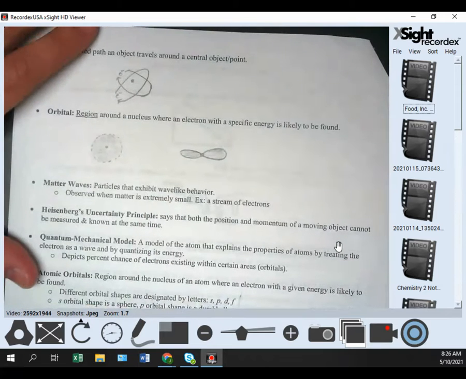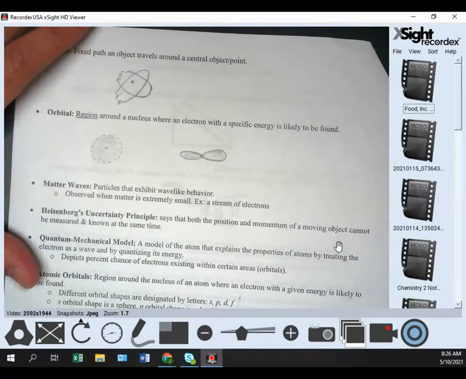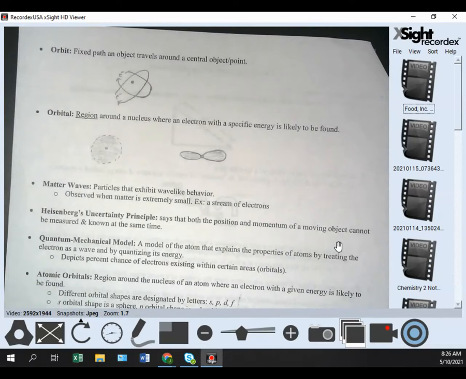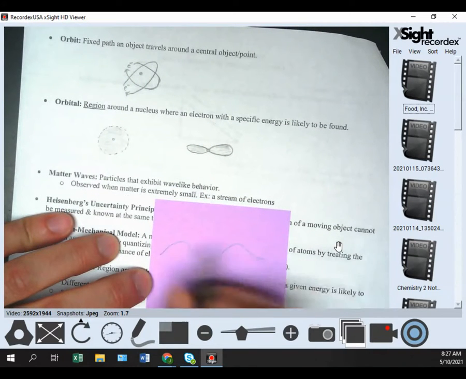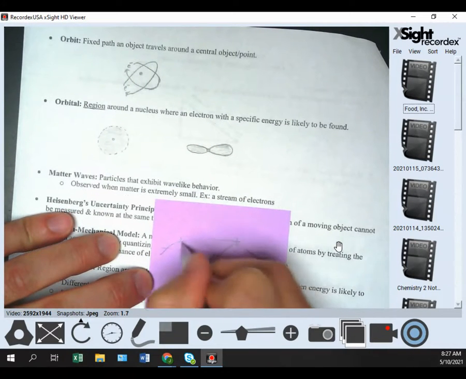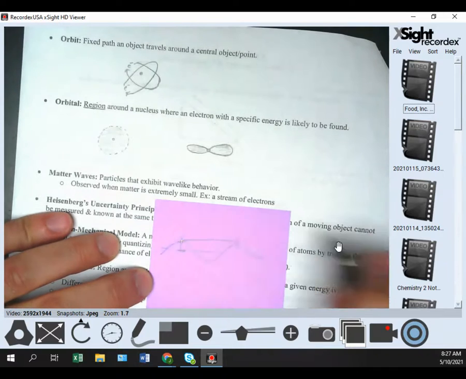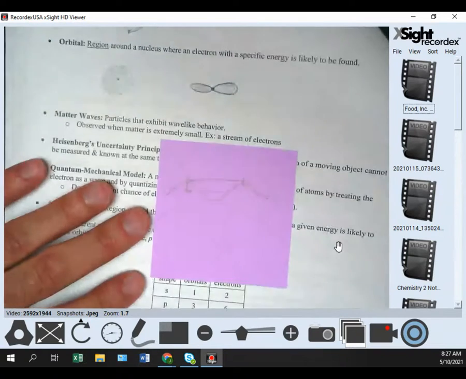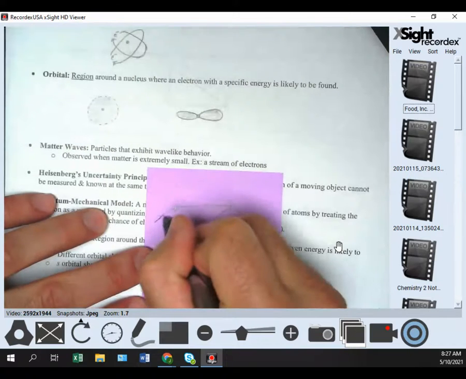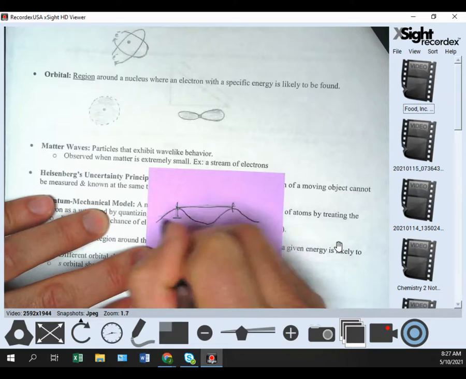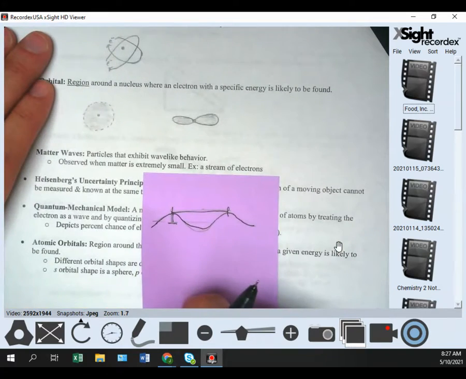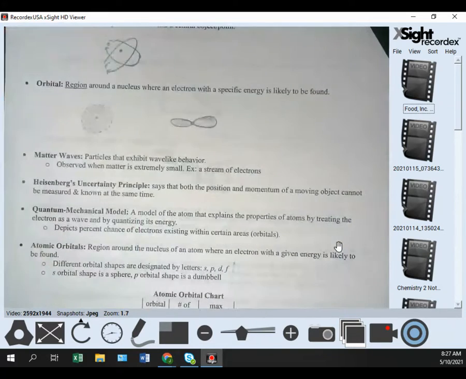They have amplitude, they have wavelength, stuff like that. But only when they're really small do you observe it. So it's like the matter version of the dual nature of radiant light.